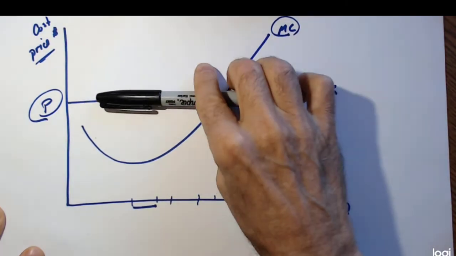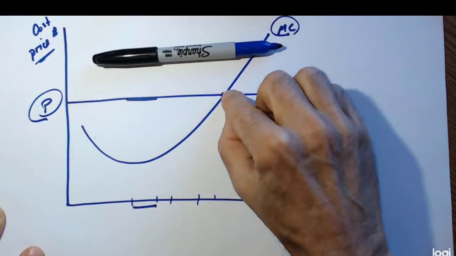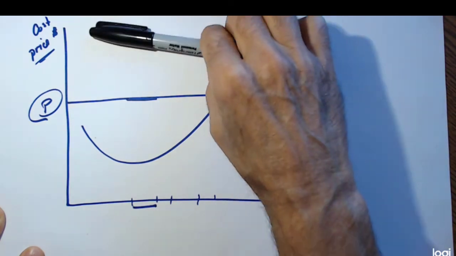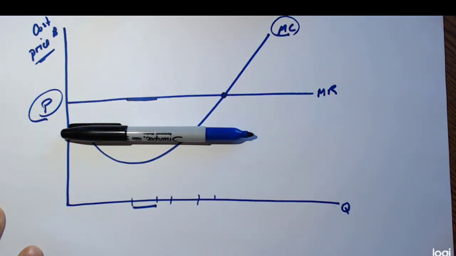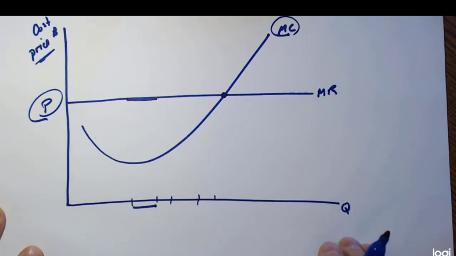And it turns out if price goes up, firms will supply more, and if price goes down, they'll supply less. But it's a little more involved.